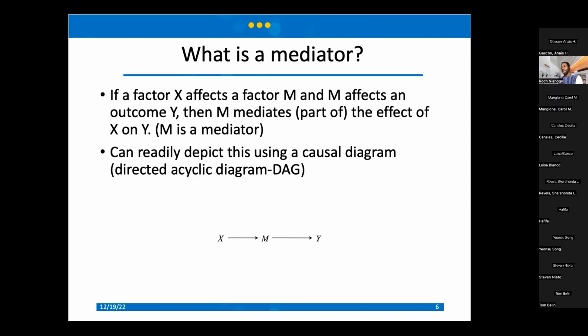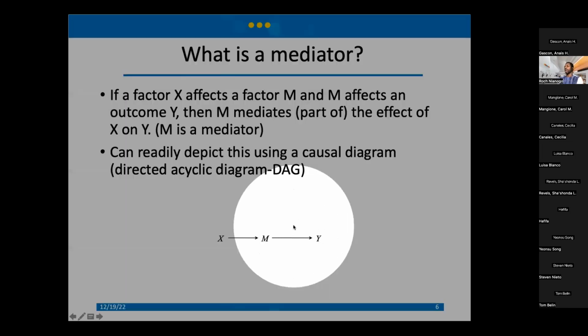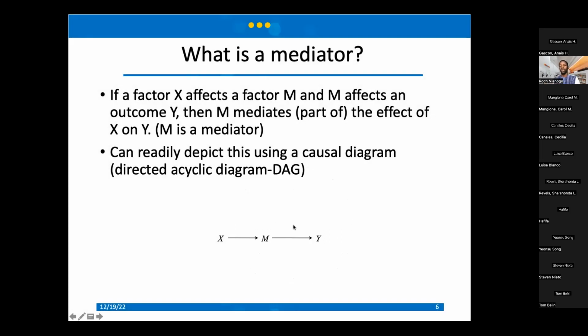Formally, this is called a directed acyclic graph, in short, DAG. You can see here, X is the exposure, M is the mediator, and Y is the outcome. We're going to be using a lot of this way of graphing the relationships between the different variables and factors of interest so that we can communicate the different quantities.